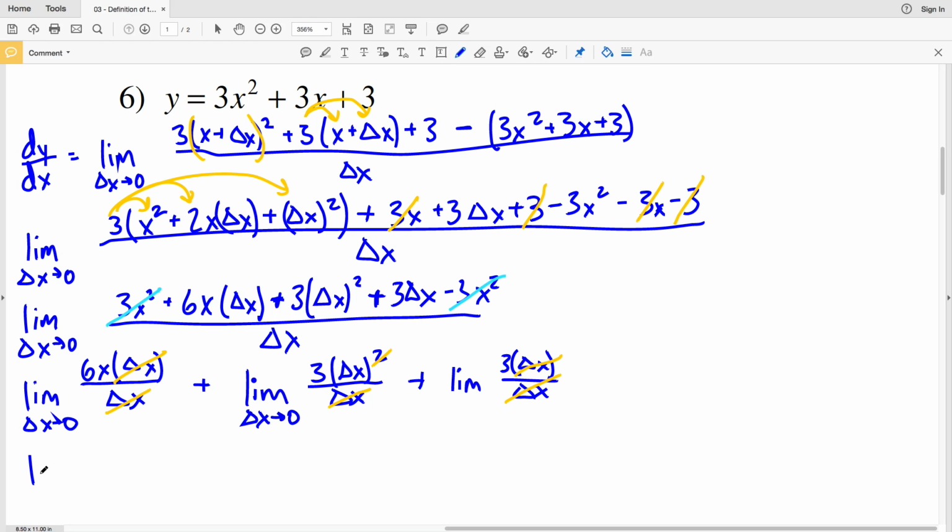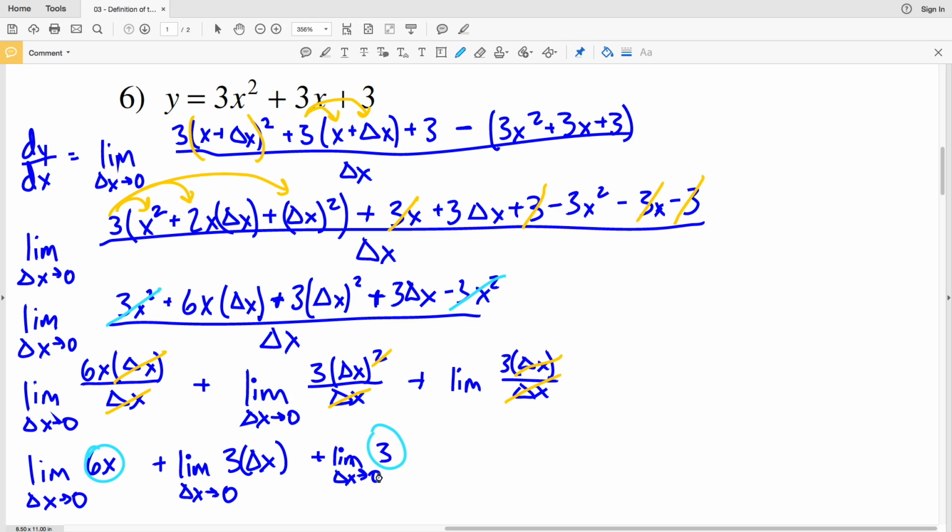So I'll have the limit of 6x as delta x approaches 0 plus the limit of 3 times delta x as delta x approaches 0 plus the limit as delta x approaches 0 of 3. Now, 6x and 3 do not have the term delta x within that limit.